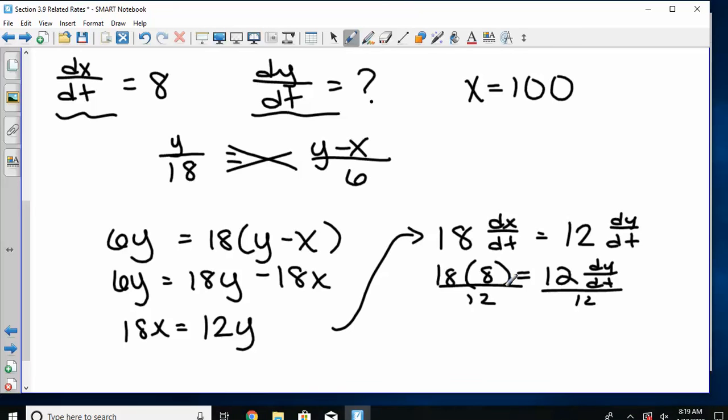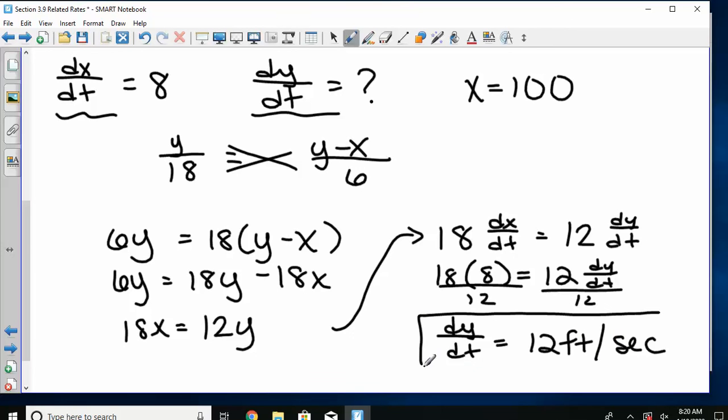So 18 times 8 divided by 12, we get 12. What would my units be? Feet per second. So did I even need the x equals 100 to solve this? No, it's just extra information.